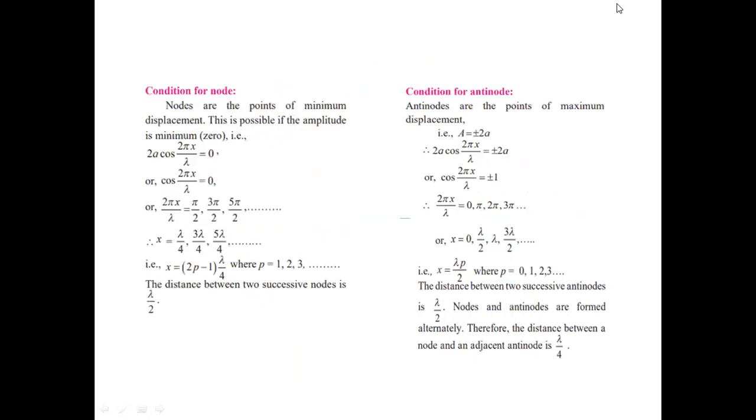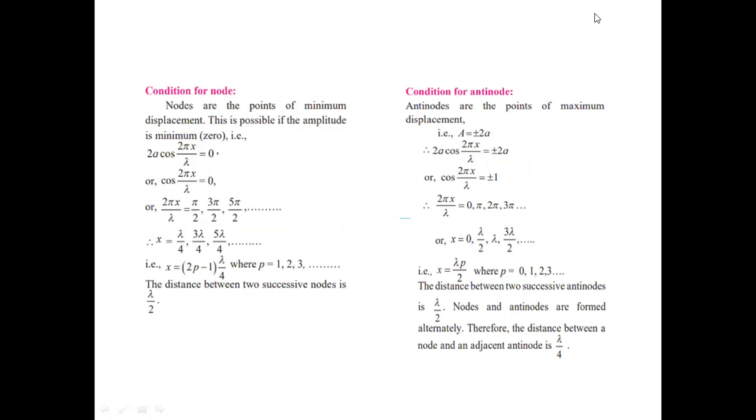Condition for node points. Nodes are the points of minimum displacement. This is possible if the amplitude is 0. That means 2a cos of 2 pi x upon lambda should be equal to 0.